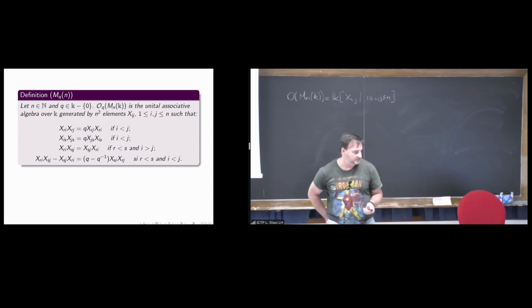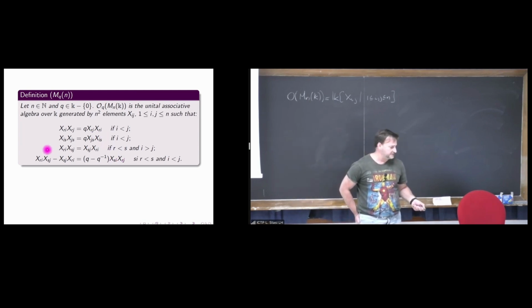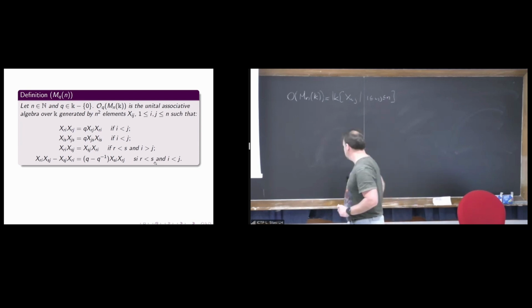So we still have monomials that commute, but the other ones you see here are very strange. So let me write for n equal to 2 what these relations are, because it depends on whether the subindices are less or equal than the other one, so it's kind of strange.